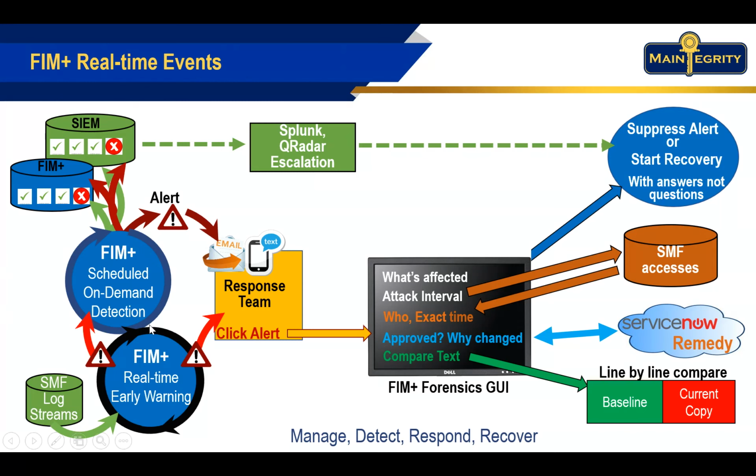At the same time, we want to make sure that the response team is up to date. So we send that same email and text to the response team, and of course, they can take the exact same actions as if it was from one of our scheduled FIM runs.